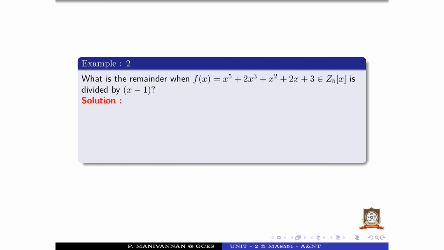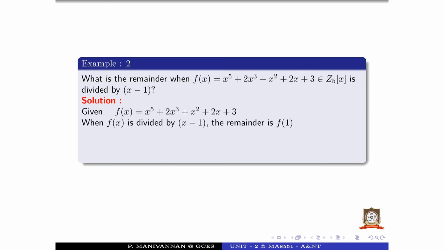What is the remainder when f of x is divided by x minus 1? f of x is this polynomial. Its coefficients must lie in Z5. When f of x is divided by x minus 1, it is x plus 4.